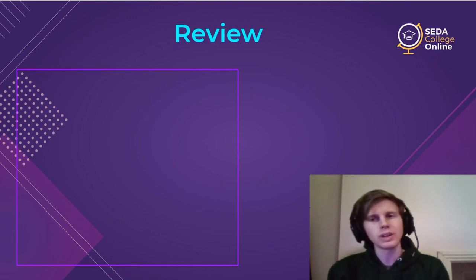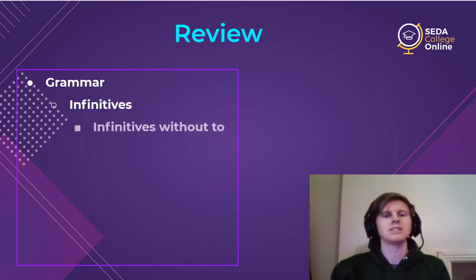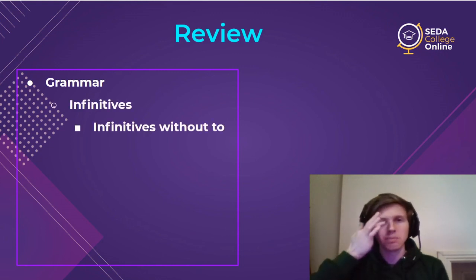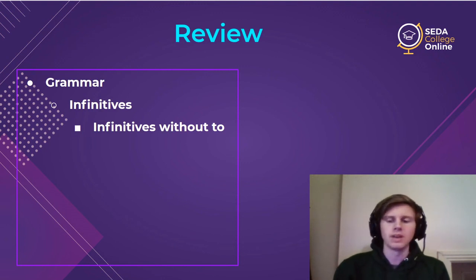So I'm just going to quickly talk about everything again as a summary, a review for everything, because we talked a lot about these gerunds and infinitives in a lot of different situations. So we talked about infinitives, and we talked about the exception, bare infinitives. So those are infinitives without to. And we talked about when to use them both.